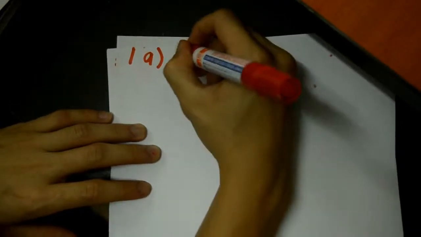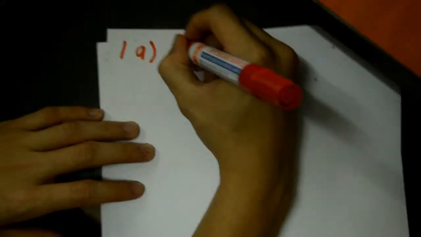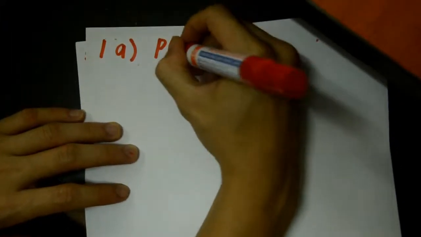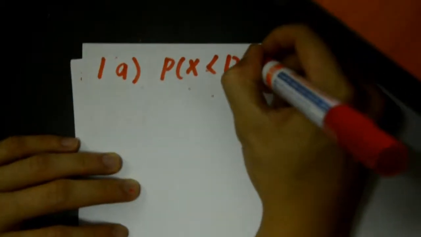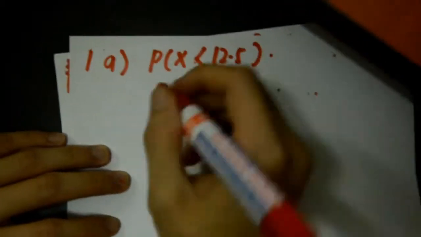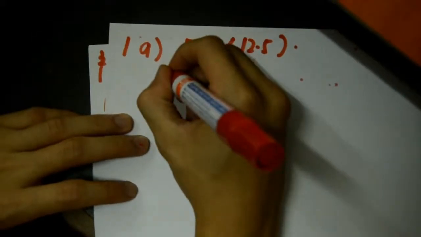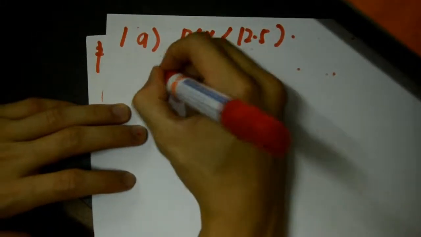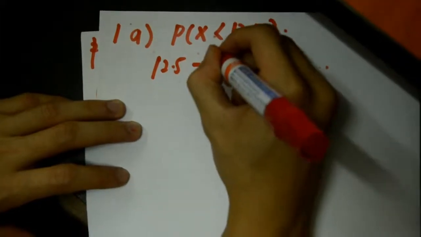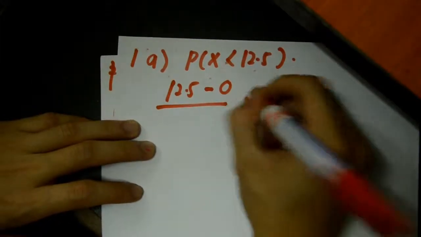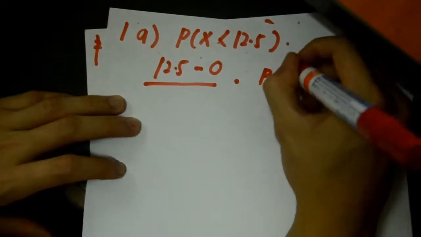For question 1a, the question asks for the probability that x is fewer than 12.5. To solve this, it's easy: you take 12.5 minus the lower limit, all times the PDF.